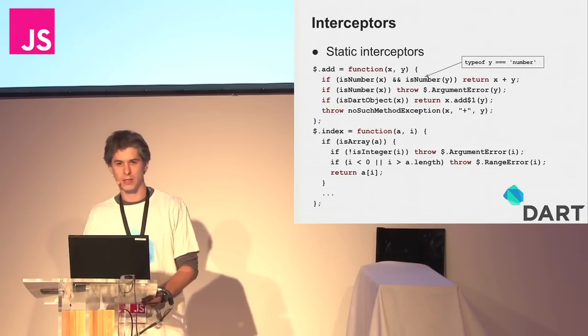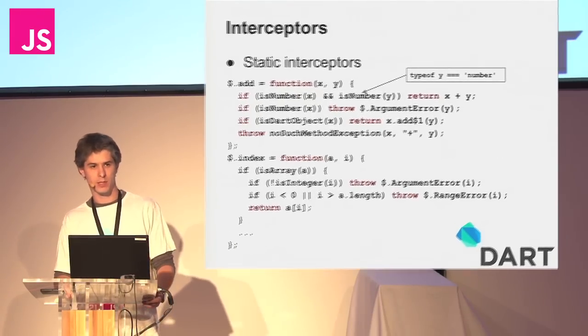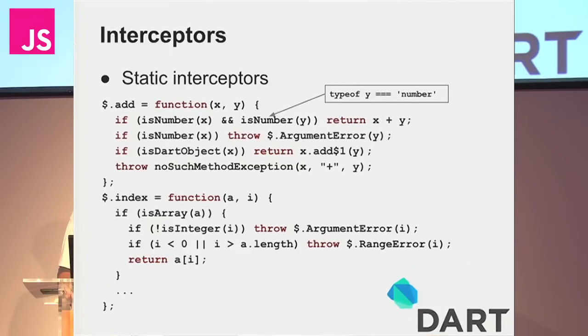So what we did instead is having static interceptors. We just have static methods that represent the operators, and they are polymorphic in the sense that for every operator that is for native JavaScript objects, we intercept them in these static functions. So we check if it's a number, and if the other one is a number, we do the operation.